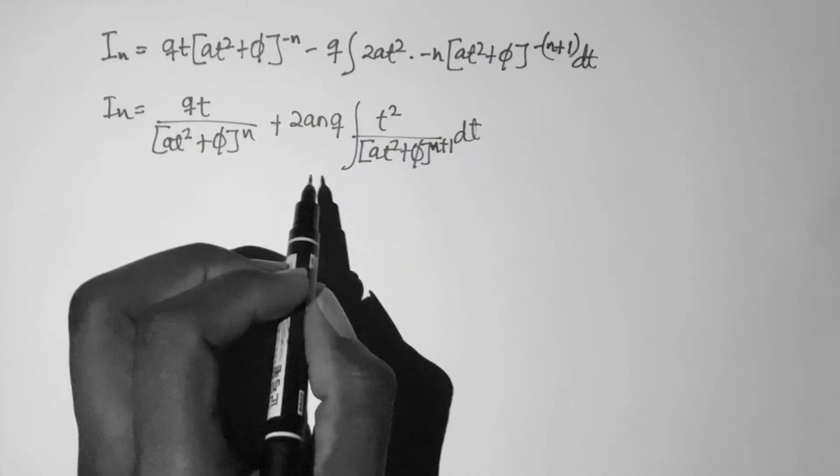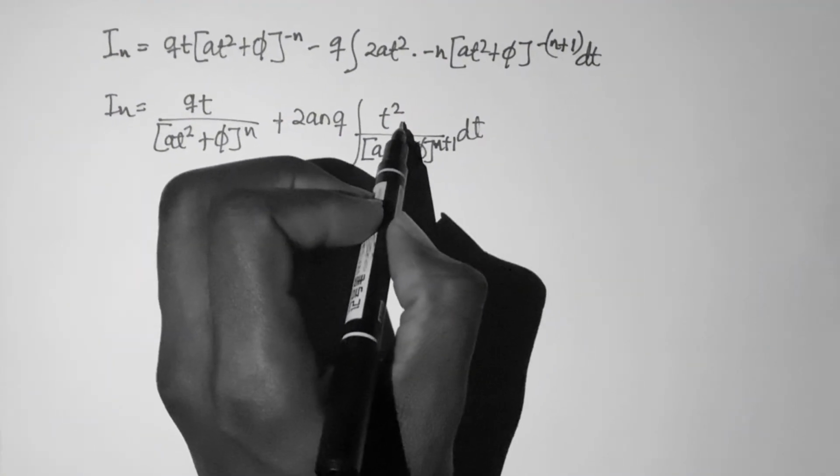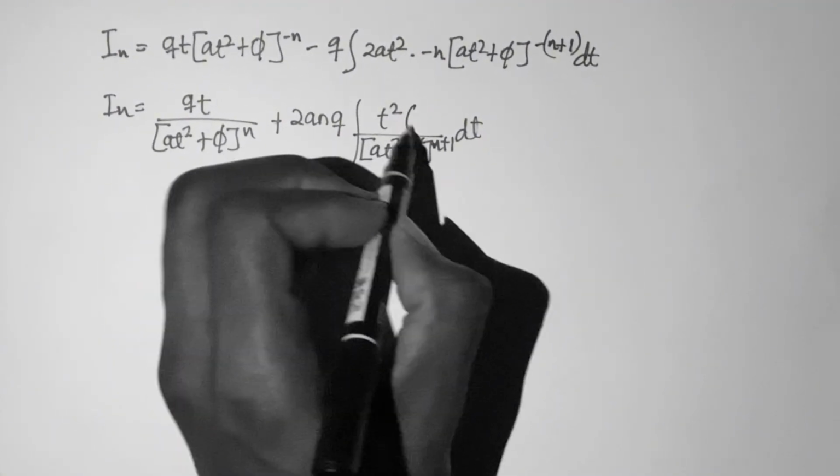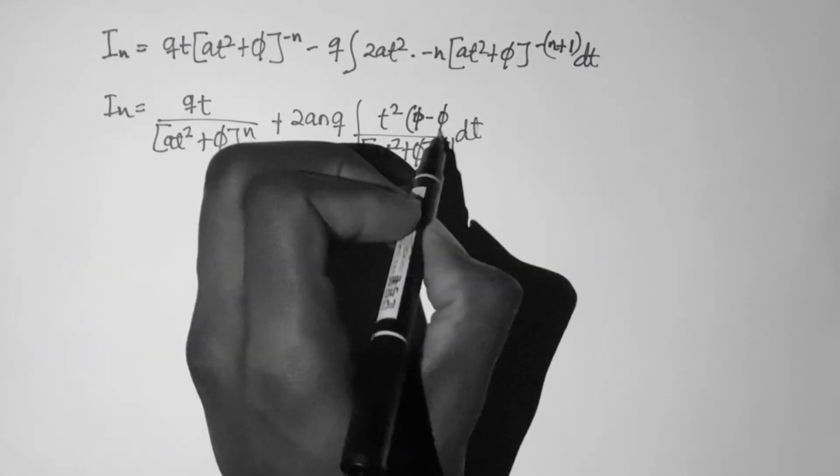Now what I want to do is add phi here, so here will be plus phi minus phi.